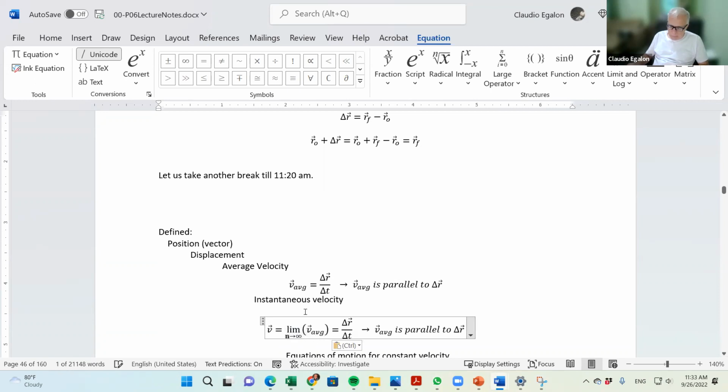Delta t not to infinity, but going to 0.